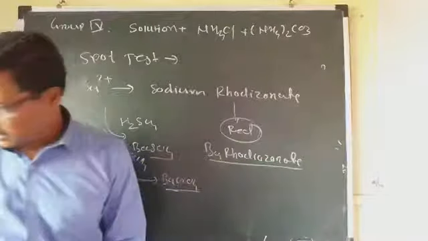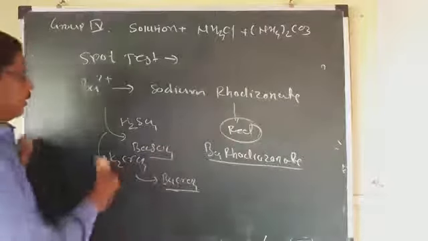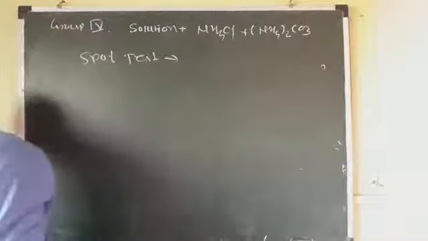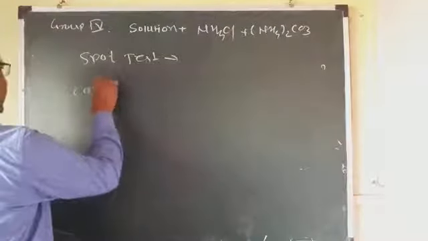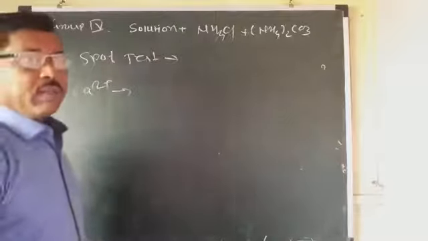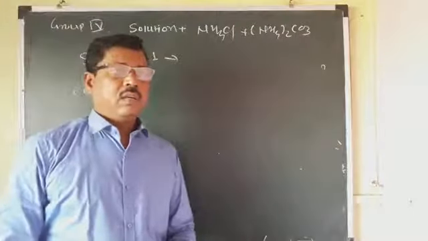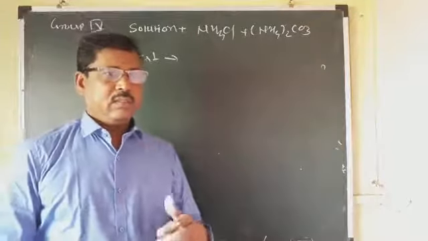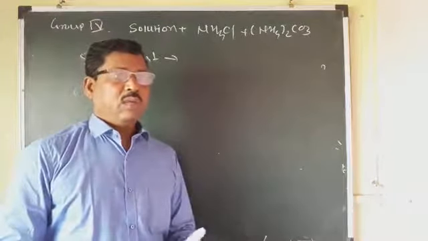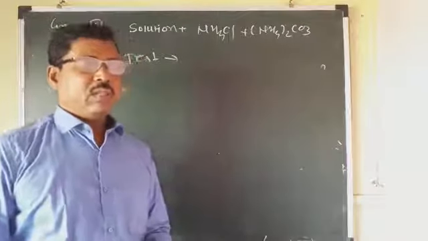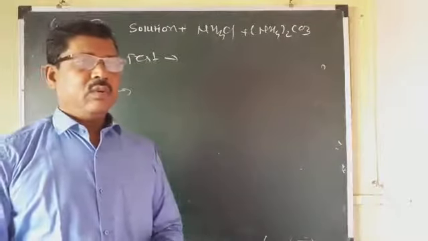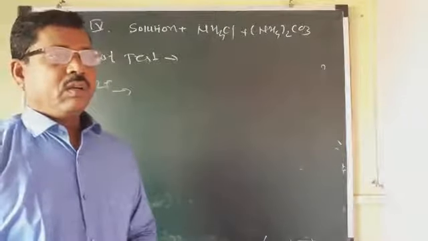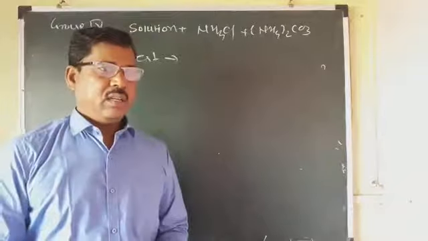Okay, the next element is calcium. The Ca2+ ion is confirmed as follows: to the centrifugate, add 1 ml dilute acetic acid and place a drop of it on a spot plate, and then add 2 drops of picrolonic acid reagent.